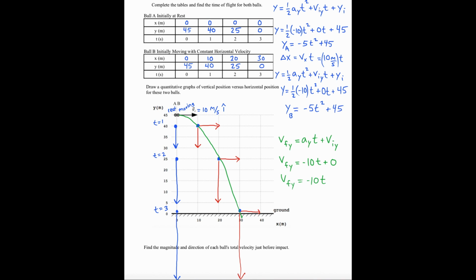What we can do now is draw what is called the total velocity. So this is VBX. This is VBY. And when we put the two together through vector addition, we get the total velocity.